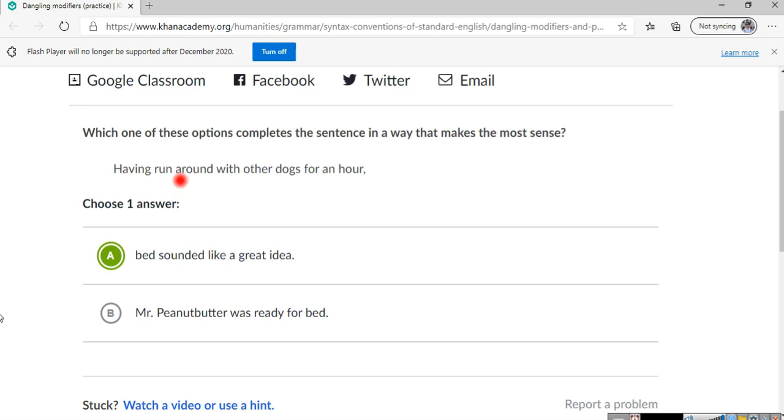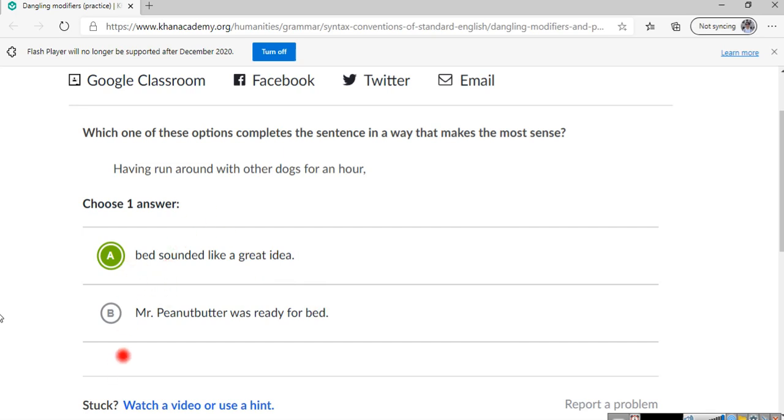We know that there was someone who was running around with other dogs for about 1 hour. Okay, we know that. So the clue is that it was obviously probably a dog or a human. Now we have two options here. We have two subjects. The bed sounded like a great idea and Mr. Peanut Butter was ready for bed.